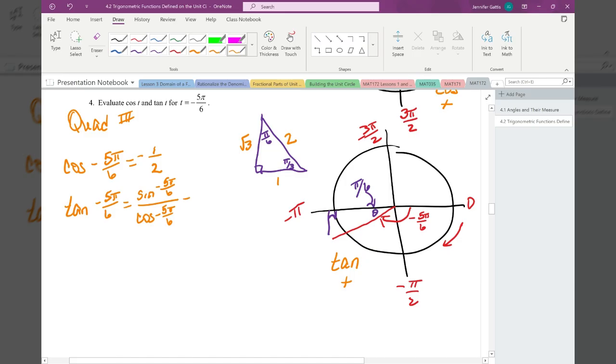Well, the sine of negative 5 pi over 6 is going to be negative √3 over 2. And the cosine is going to be negative 1/2. So when we simplify that, what do we get? We get that the tangent of negative 5 pi over 6 is the square root of 3.